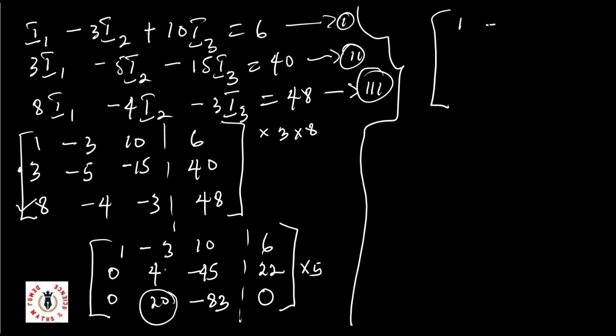Look at it this way. This is 1, minus 3, 10, 6. Here is 0, 4, minus 45. Here is 22. This will be 0. 4 times 5, that's 20 minus 20.